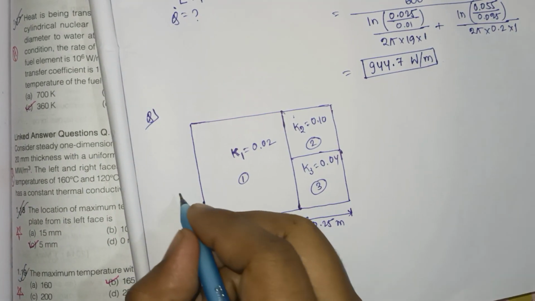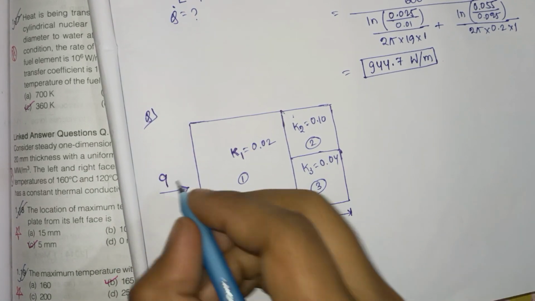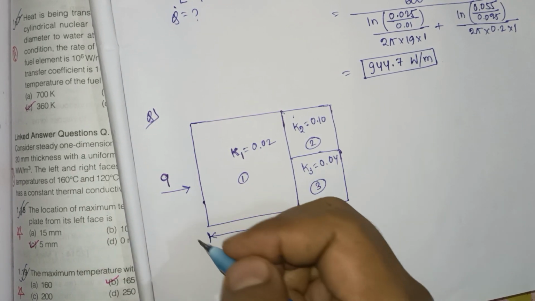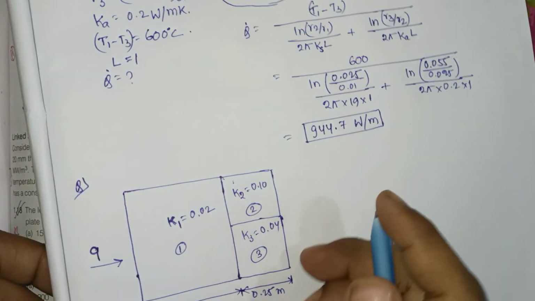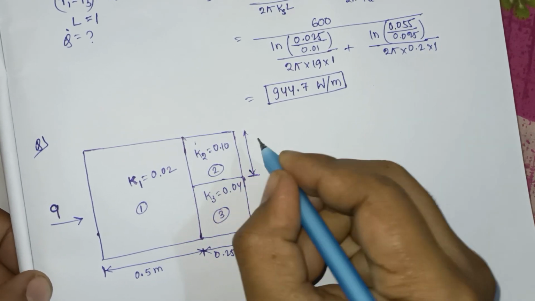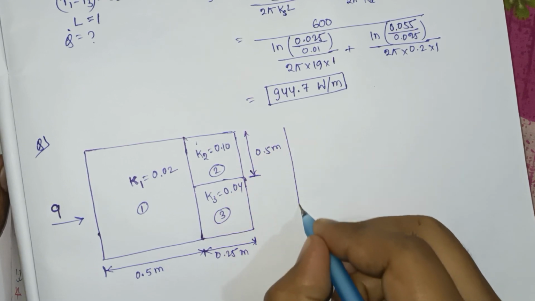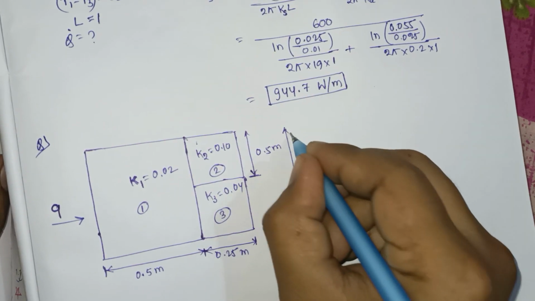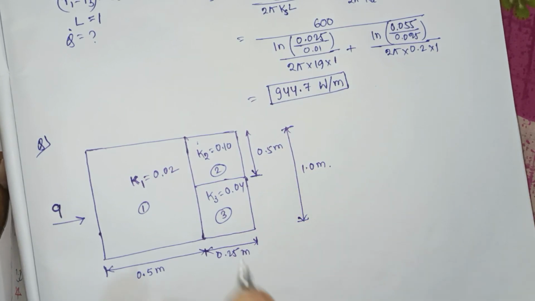Okay, so the heat flux, Q by A. Here the length is 0.5 meter, and this is 1.0 meter.